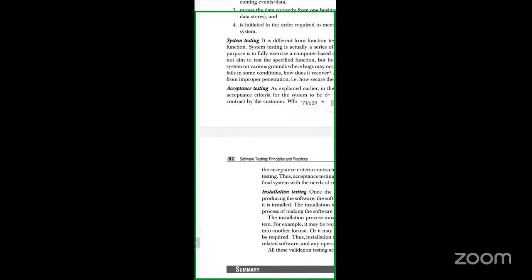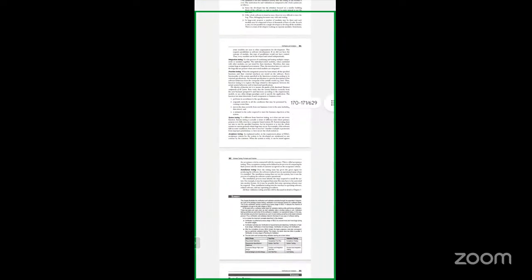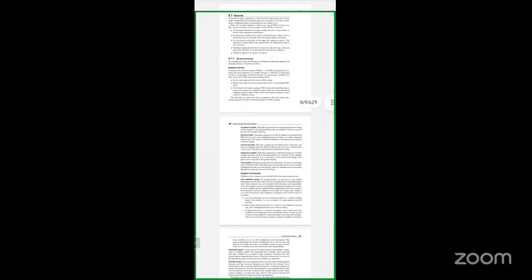Finally, installation testing, if it is a software related project, and we also check compatibilities in the validation testing itself. So this is related to our verification and validation. Clear?